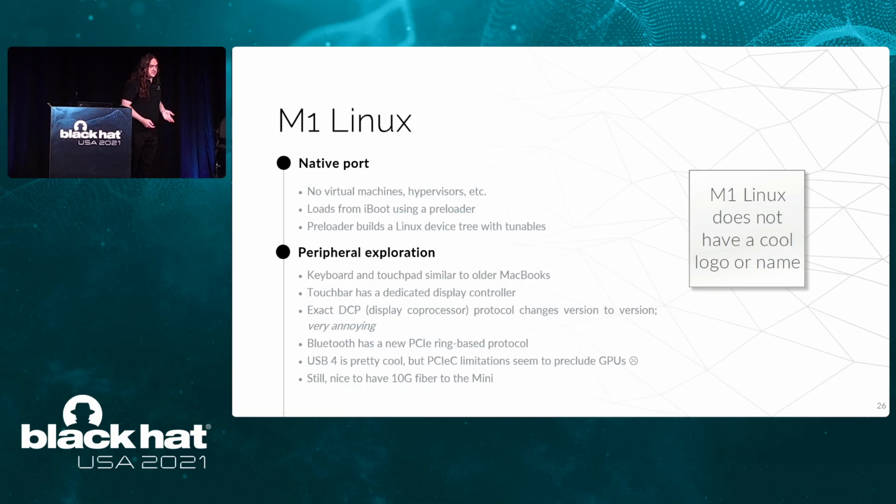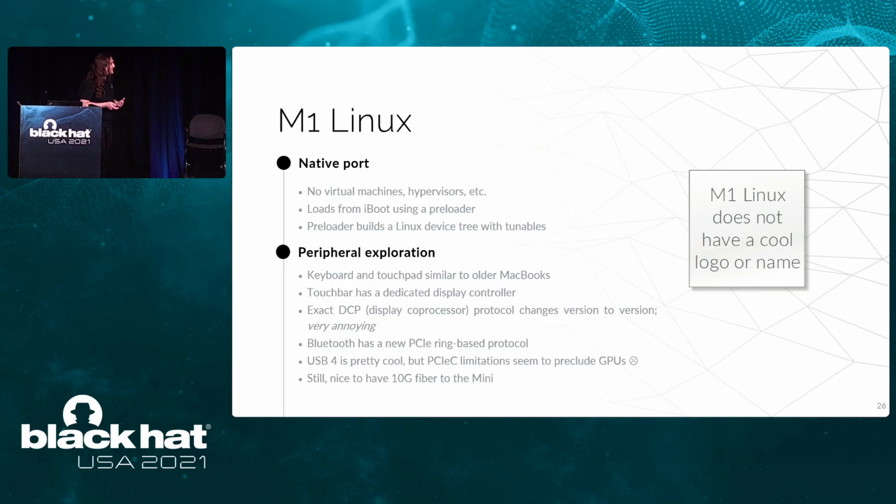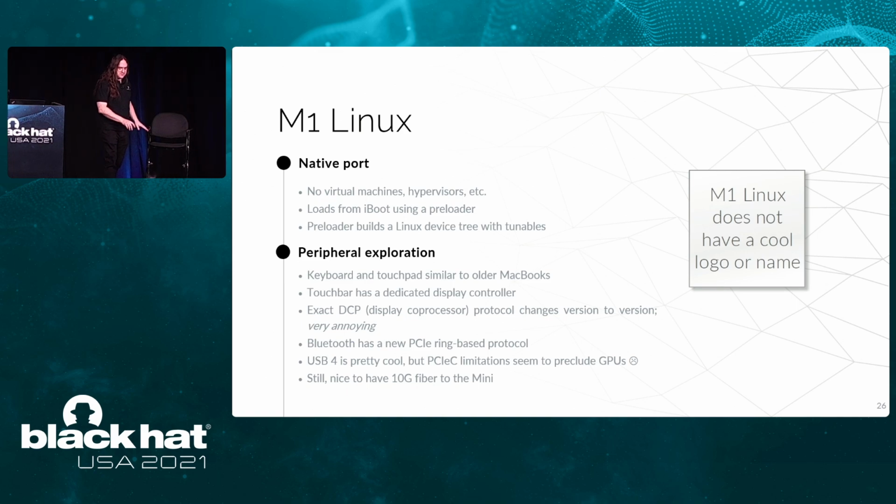This is a native port. There are some misconceptions floating around that we are using a hypervisor to provide a translation layer or something like this. This is not true. We ran directly on the physical hardware. We have a little preloader, but its role is really limited to translating Apple device trees to Linux device trees, because the device tree on Apple isn't static.